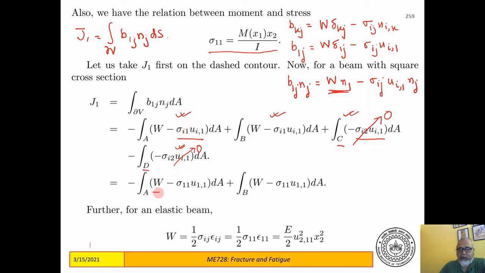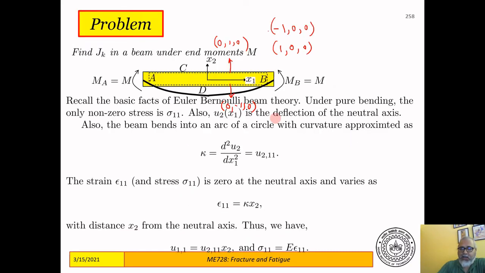So we are left with W minus sigma 1 1 U1 comma 1 evaluated at A, and W minus sigma 1 1 U1 comma 1 evaluated at B. So now what we will do is evaluate this at an arbitrary cross section somewhere here.